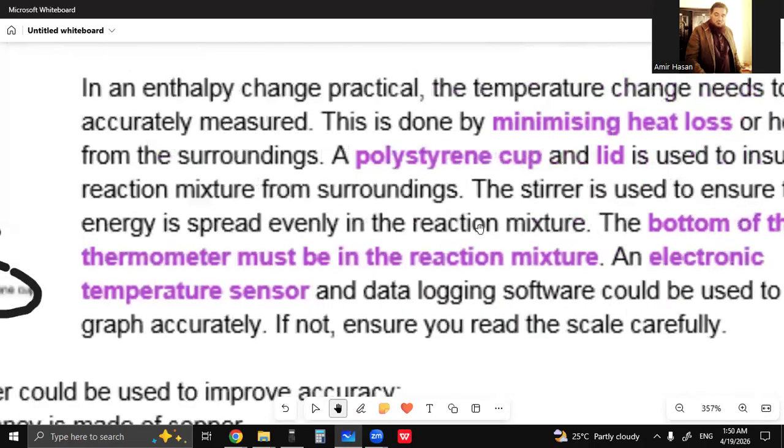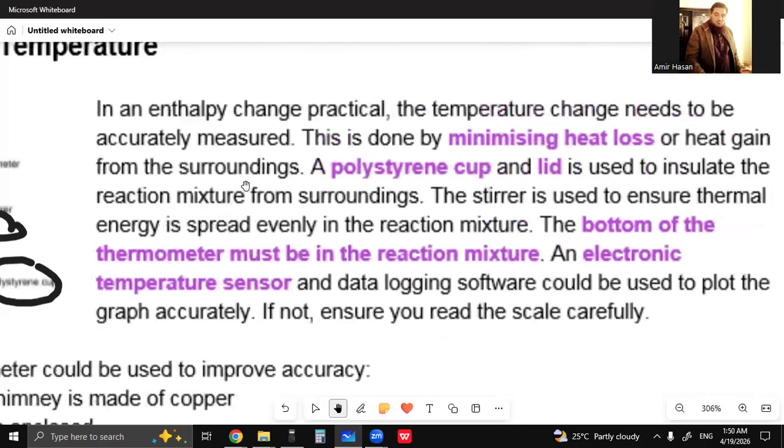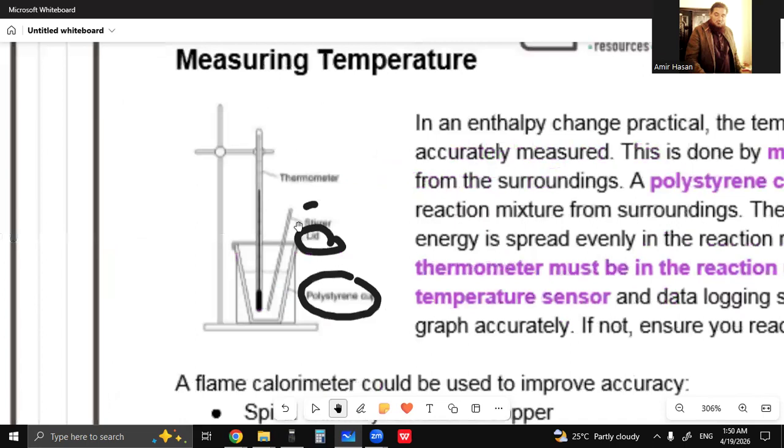The stirrer is used to ensure thermal energy is spread evenly in the reaction mixture. With the help of this stirrer, we equalize the temperature, with heat spreading equally in the solution.